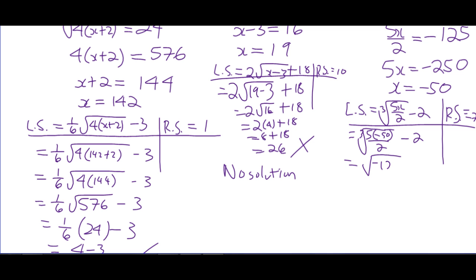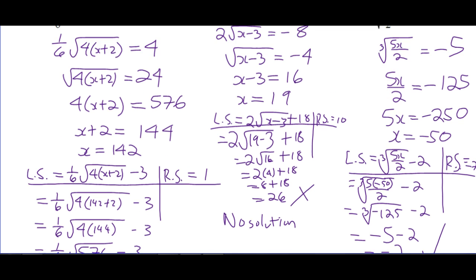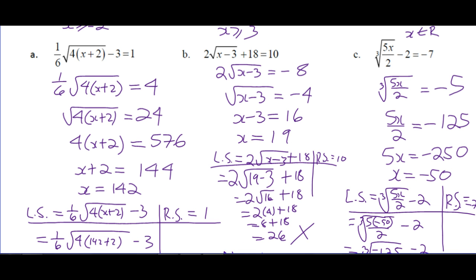So that's -125 minus 2. Okay, and then it checks. Again, if you're not asked to check it formally, then you can simply go back up here, go cube root on your calculator, go 5 times -50 divided by 2, hit enter, subtract 2, you got -7, it's all good.